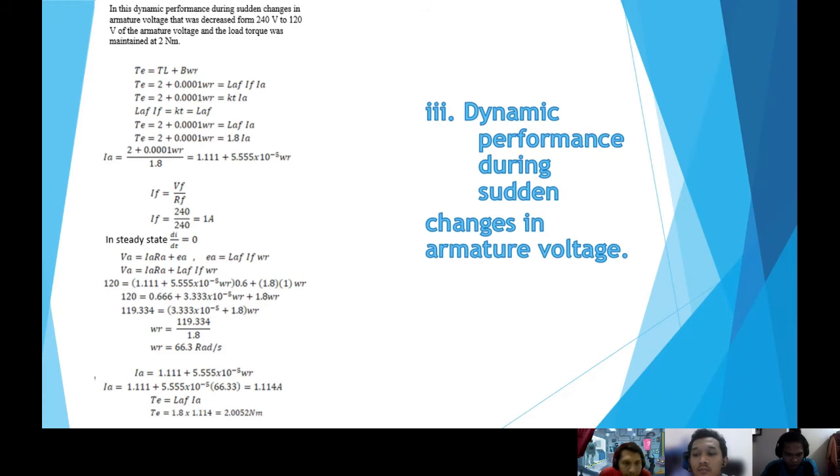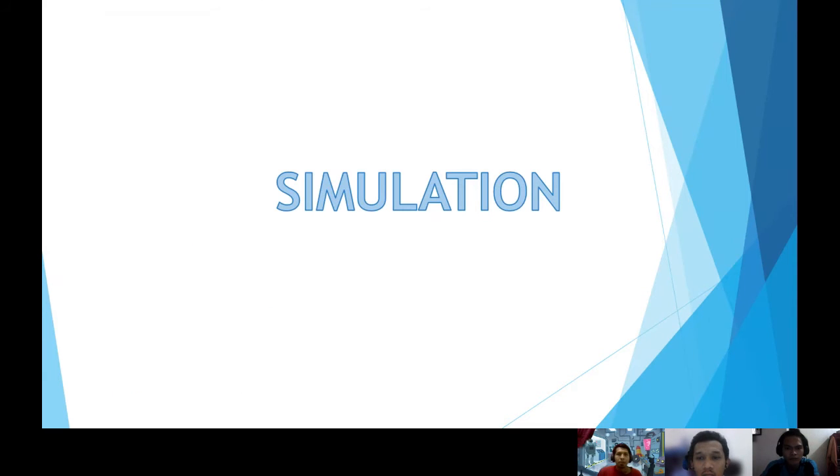So omega R we get 60.3 rad per second. So IA we get 1.114 ampere. So lastly TE equals LAF IA. TE we get 2.0052 Nm. Okay. I will pass to Muhammad Aziz.